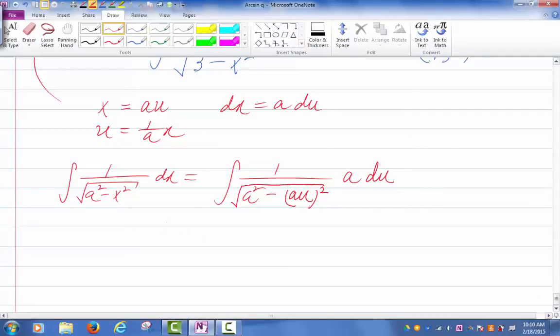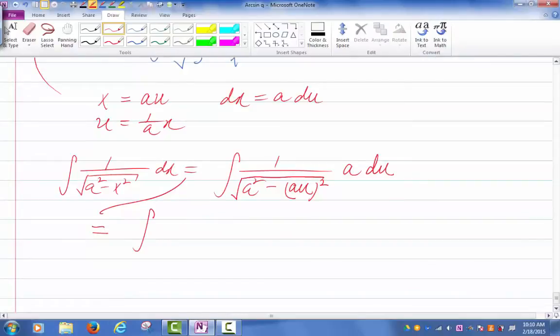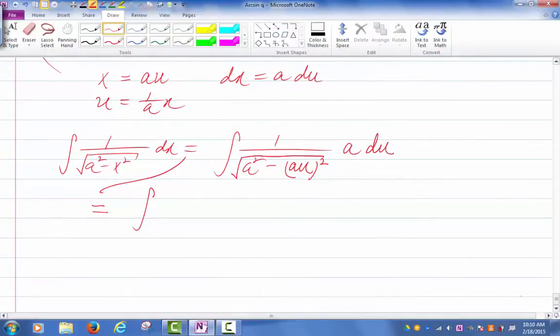Okay, and then this is equal to the integral of 1 over root of a squared minus a squared u squared times a du.